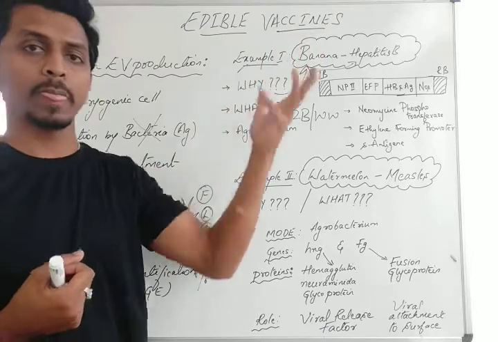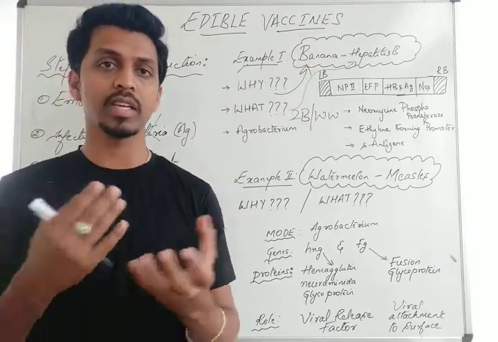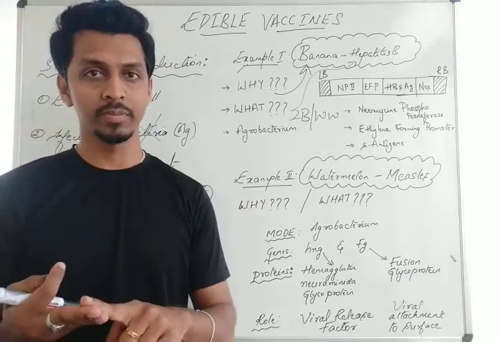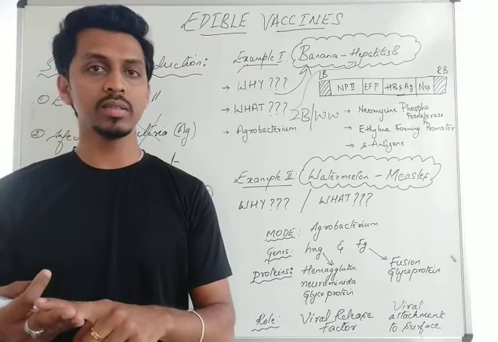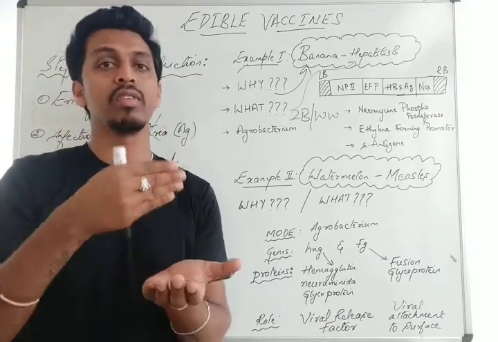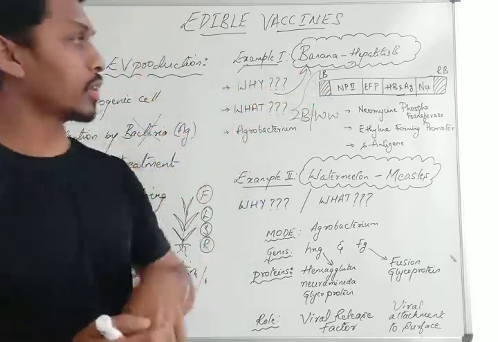Why banana? Availability, raw form, and it can be accepted by different worlds, that is World 1, World 2, World 3. Now what are World 1, World 2, World 3? They are the hierarchies of the developed countries, developing countries and underdeveloped countries. If you try to check here.